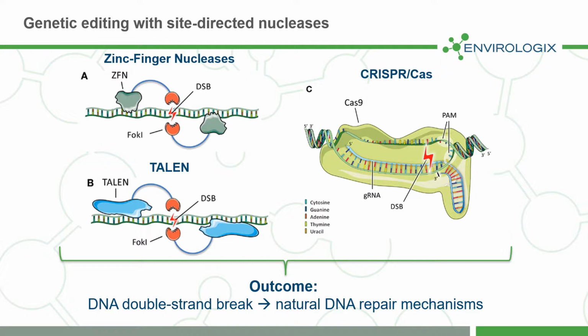Even though mechanistically how each gets its work done in the cell differs slightly, the outcome of all of these is the same. There is a highly specific DNA double strand break that then goes through a natural DNA repair mechanism, and that DNA repair mechanism could give rise to certain traits of interest.